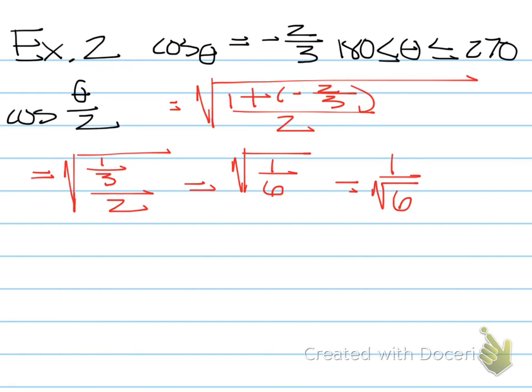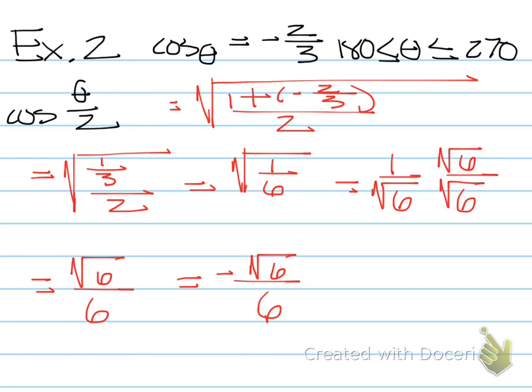When we rationalize the denominator, we'll get root 6 over 6. Or negative root 6 over 6, because cosine is going to be negative in that quadrant. It's given that cosine of theta equals negative 2/3, so half of that is still going to be negative.